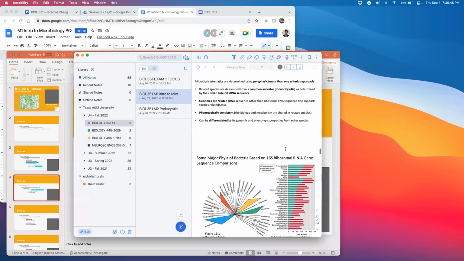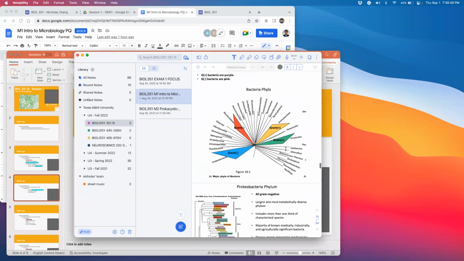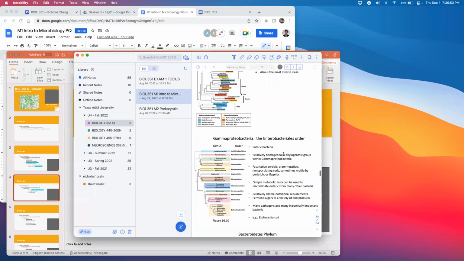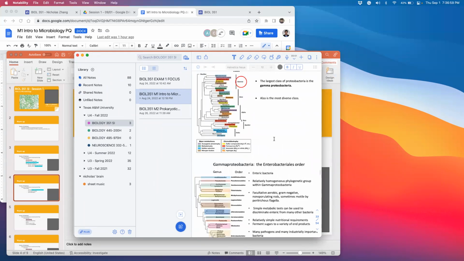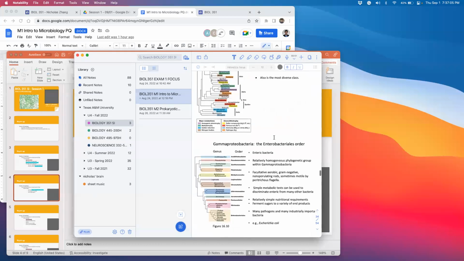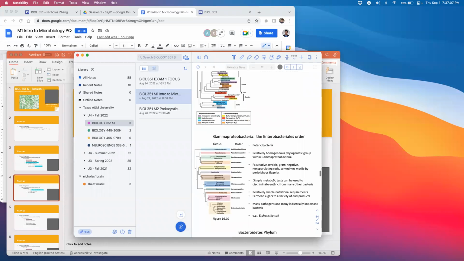So it's probably important, because he added proteobacteria and then specifically gamma is probably important because this is the most medically relevant. It's just the most relevant in terms of the proteobacteria. So know that, yeah, you should know all of these bullet points.